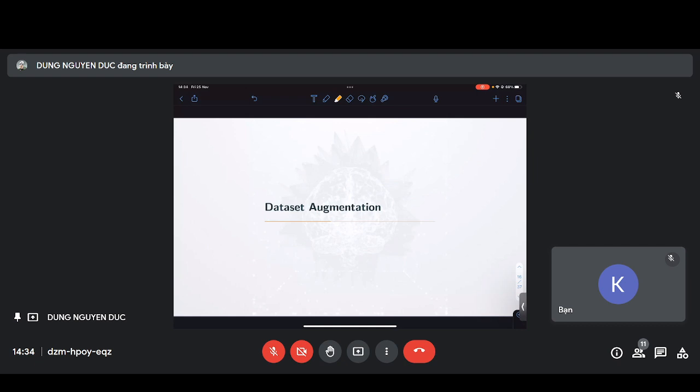Well, this hidden is the shared feature. If you train with one task alone, then that feature tends to fit on that task, right? So if you want that feature to be some sort of new representation that can be used for other tasks, then you should employ multitask learning.